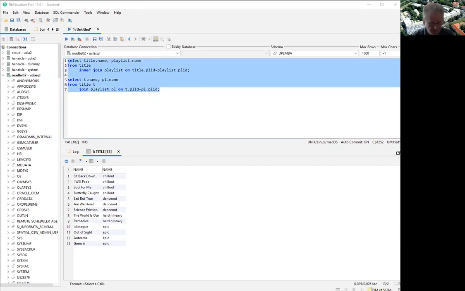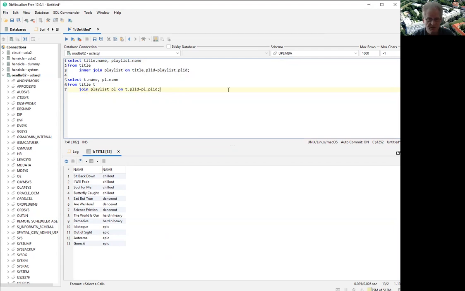Both versions, and just try it. Please remember that you have to use the correct schema here, UPL MBA, and then you have the two versions here. Both are the same.